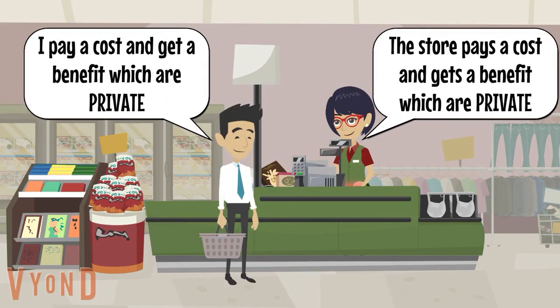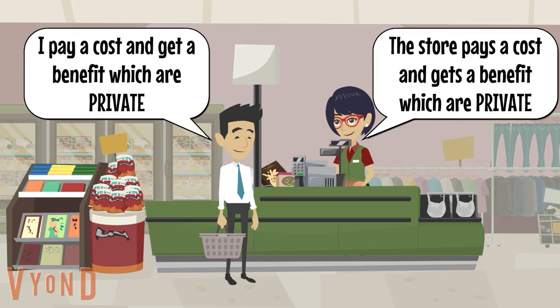So what we get, again, in a normal market, is buyers and sellers. The buyer pays a cost, gets a benefit. That's a private benefit. It accrues only to the buyer. The store paid a cost to get that product and gets a benefit from selling it. They also have private costs and private benefits.